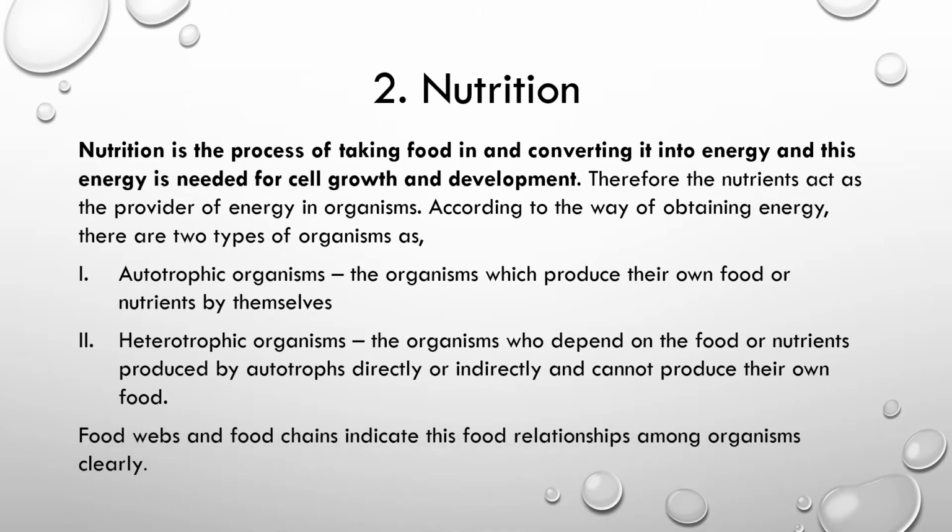These food relationships among organisms can be clearly identified by studying food webs and food chains. This theory was given to you in your lower grades also, but here you are going to learn more about the nutrition of organisms.